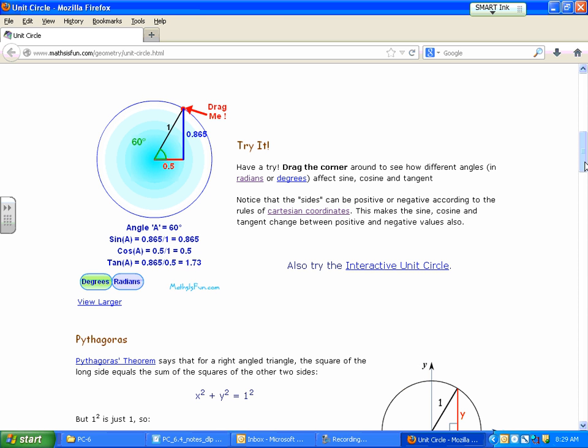We create a right triangle, and it always has an angle coming from the center of the circle that references the x-axis.